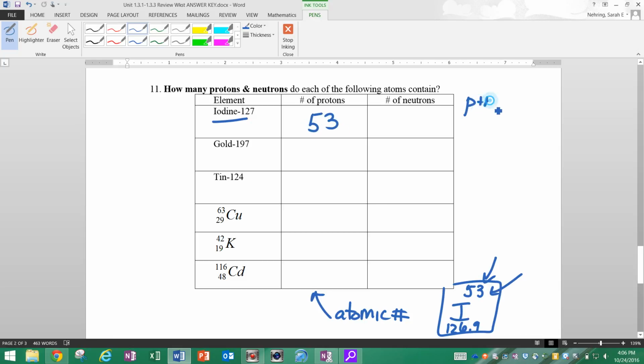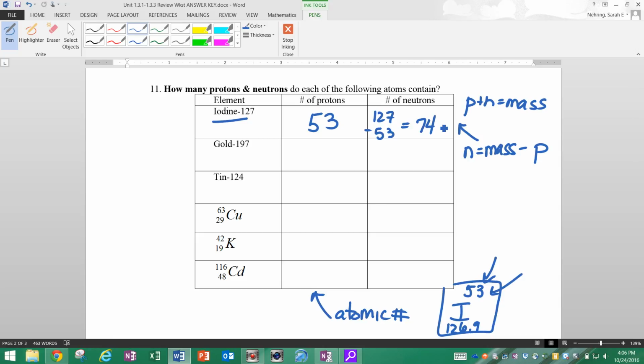And since protons plus neutrons gives you the mass, you can determine the number of neutrons by taking the mass minus the number of protons. So let's see, my mass is 127 minus 53, which gives me my number of neutrons, which is 74. I apologize in advance if any of my math in my head is incorrect.